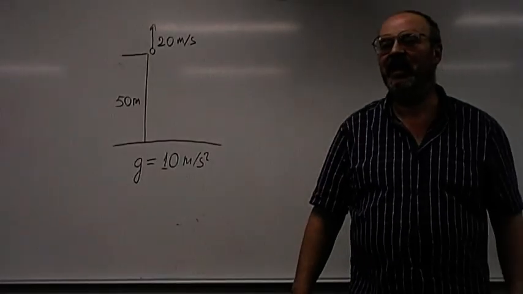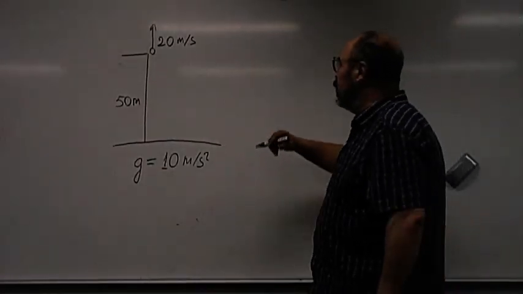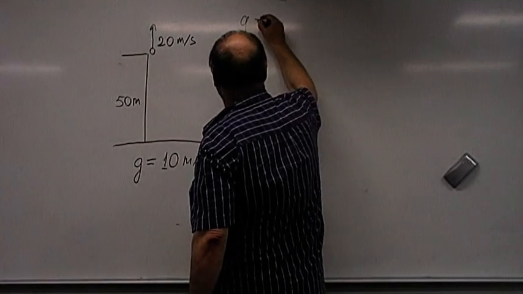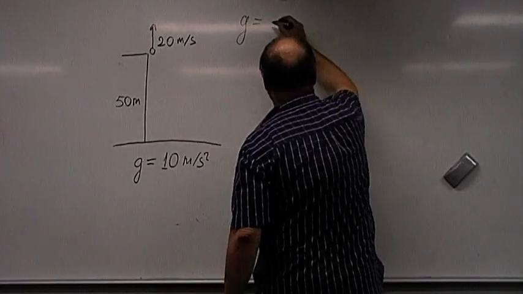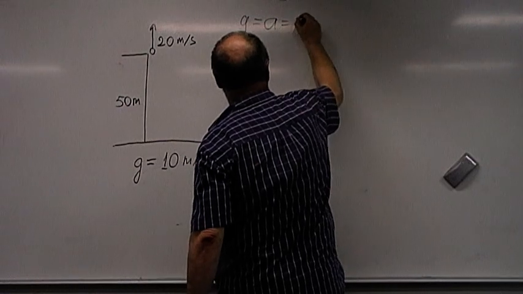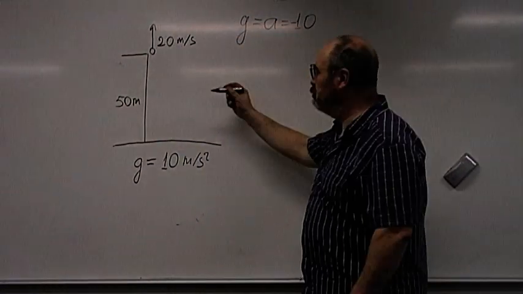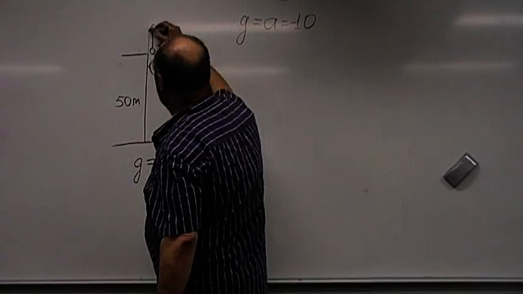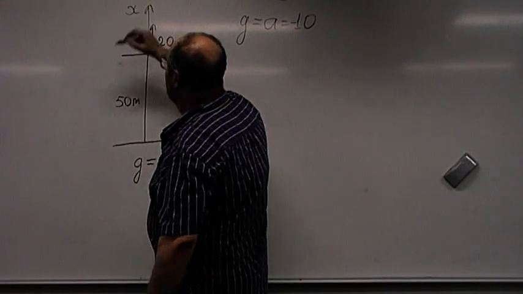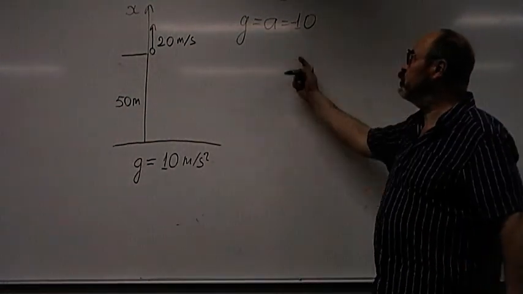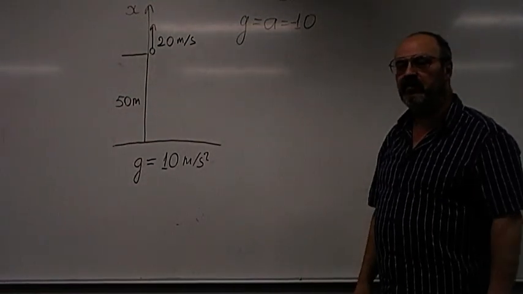So we know acceleration is constant, equal to 10, down. Let's choose position x up as positive, so acceleration will be negative 10.